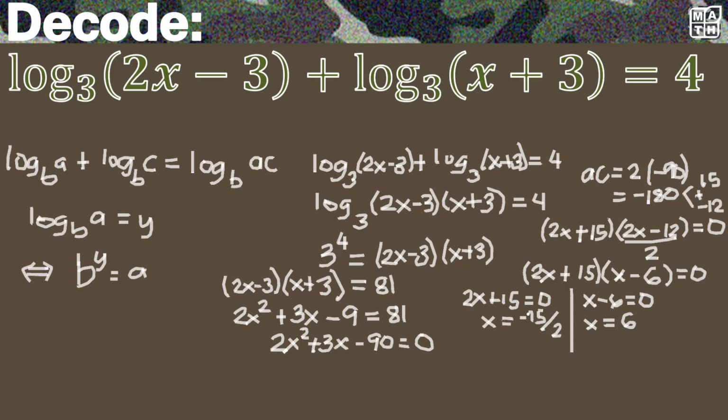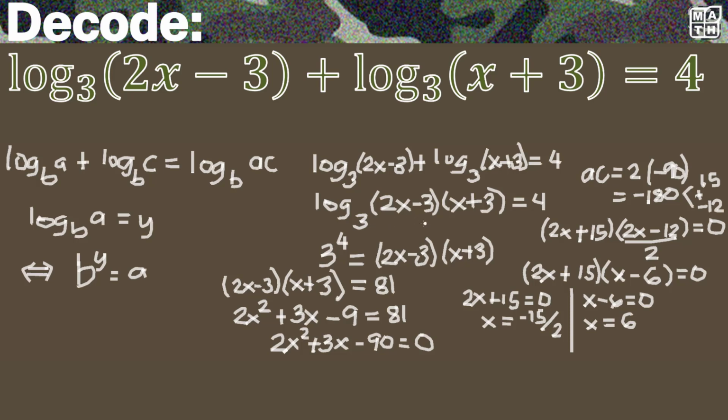When you substitute the negative value of x into the first expression, 2x minus 3, you will have 2 times negative 15 over 2, which is negative 30 over 2, or negative 15, minus 3.